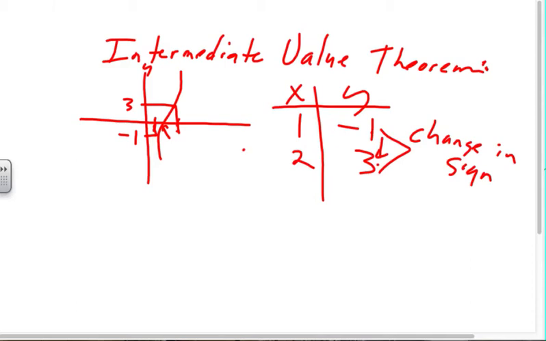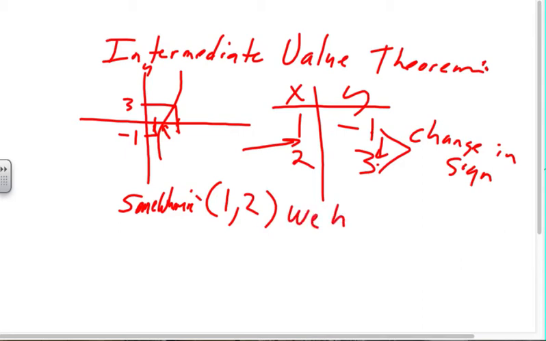So what this tells me is that somewhere on this interval, somewhere between 1 and 2, we have a 0.